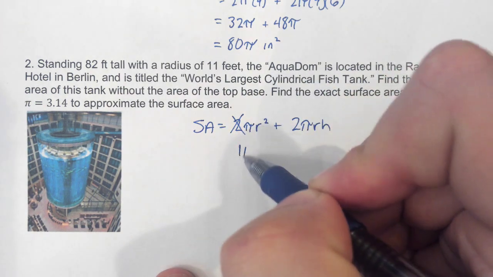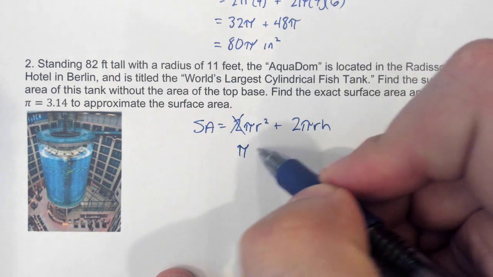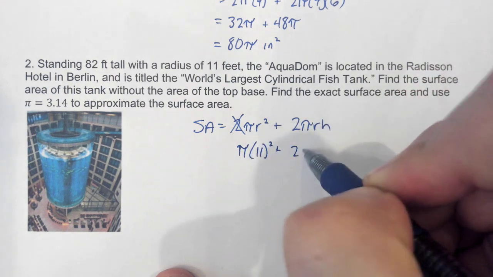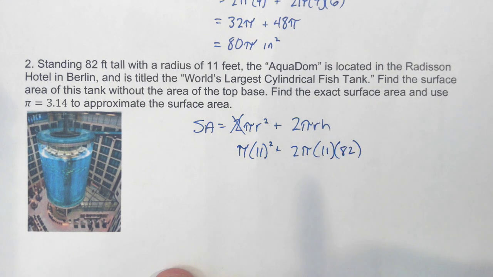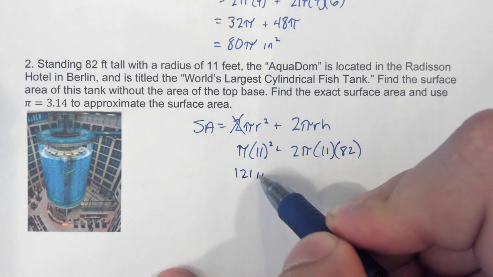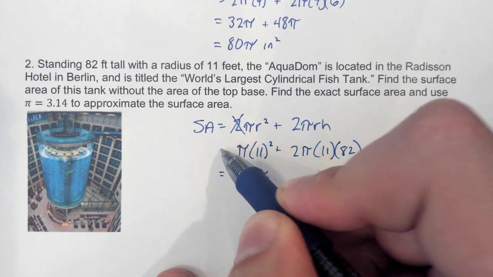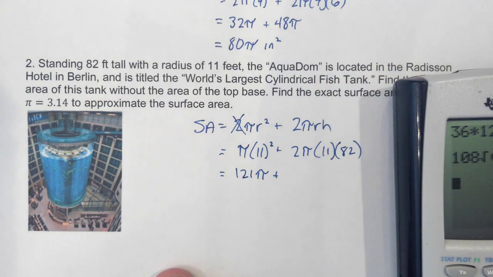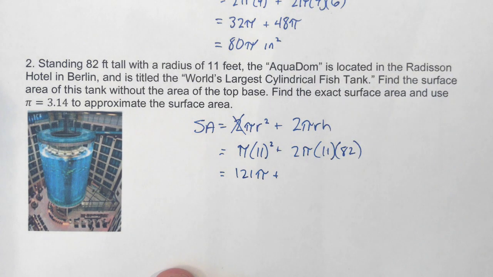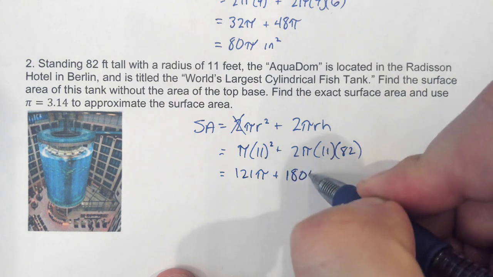So again, we just got to plug in the numbers they give us. They say the radius is 11, and the height is 82. So that would be 121 pi. And let's see, let's type that one in. 11 times 82 times 2 is 1,804 pi.